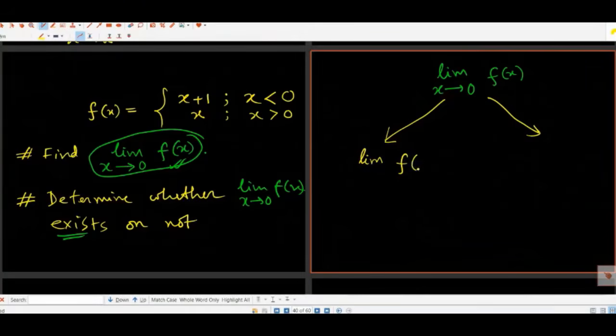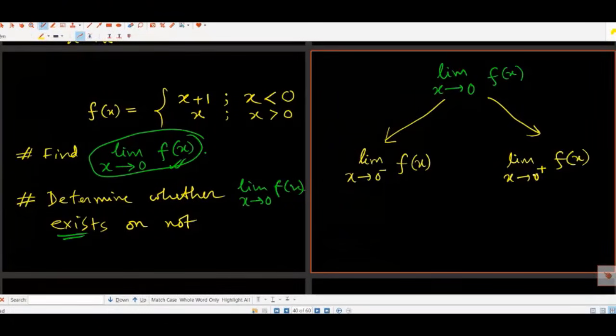The limit of f of x when x approaches 0 negative, that means coming from the left side of 0. And another one is the limit of f of x from the right side of 0.